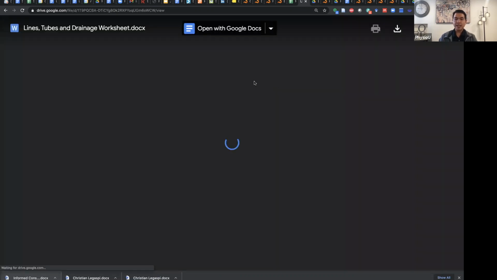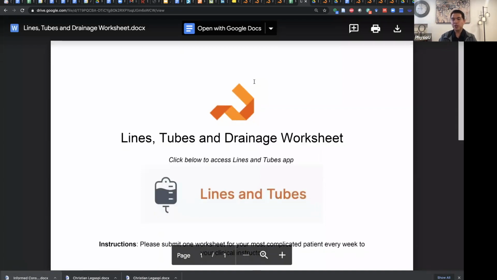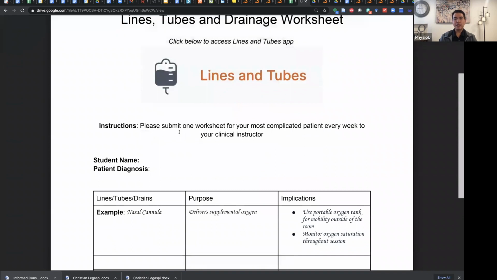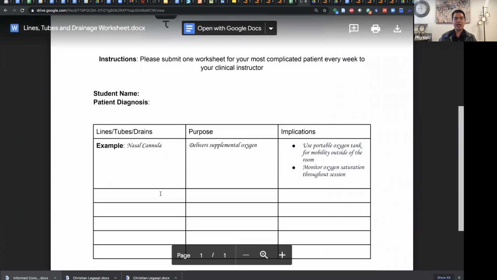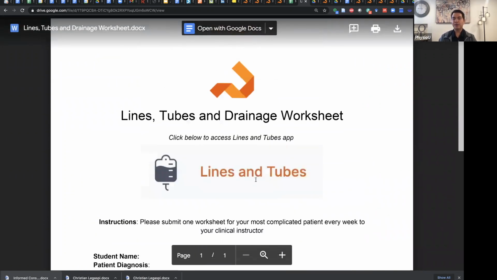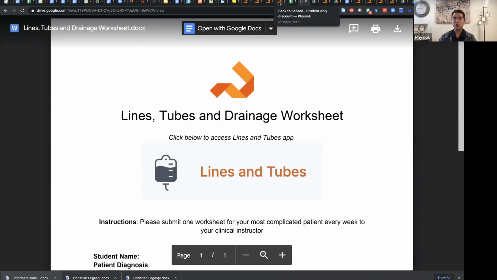So the DCE can chat with a clinical instructor and ask the students, hey, every week, I want you to submit one worksheet for your most complicated patient. I want you to name the lines, tubes, and drains. What is the purpose for those lines and tubes? And what are the implications? They would link directly into the app to fill that out. And then they have a discussion every week with their clinical instructor. Okay, so that is the lines and tubes reference app.